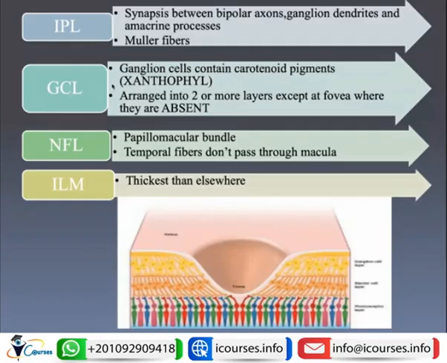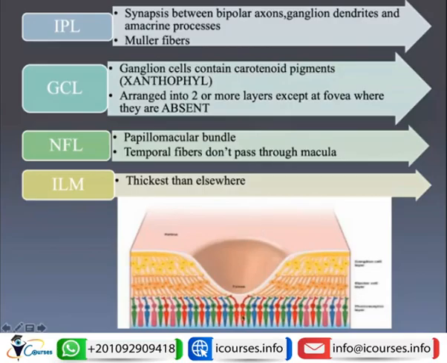You may think by logic that this is right, because the ganglion cell layer is important for vision, so they should be present in large volume in the fovea. And the answer is wrong, because they are absent. The ganglion cell layer is absent in the fovea, and this has an important anatomical and optical value.